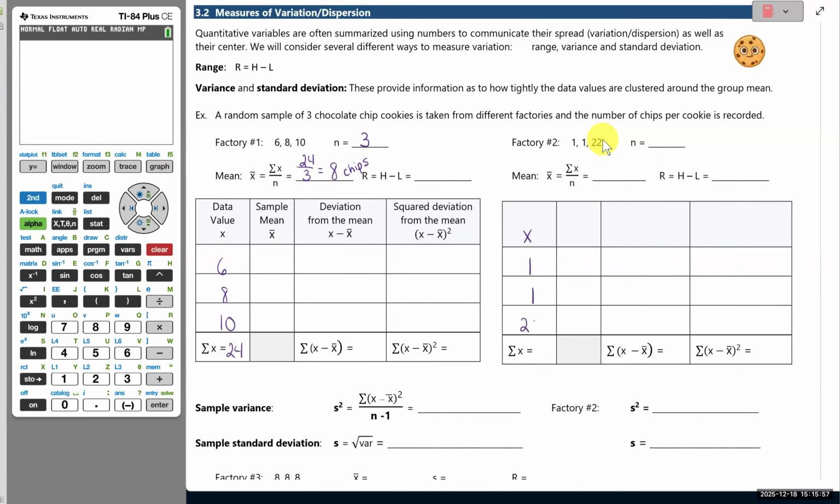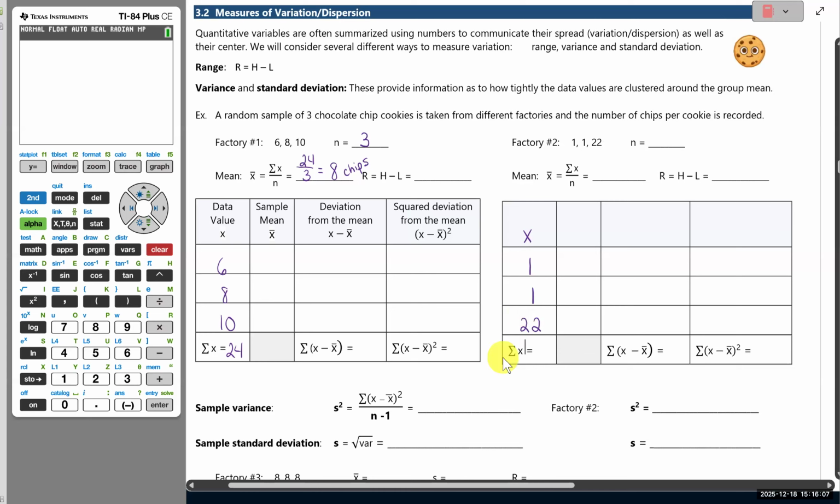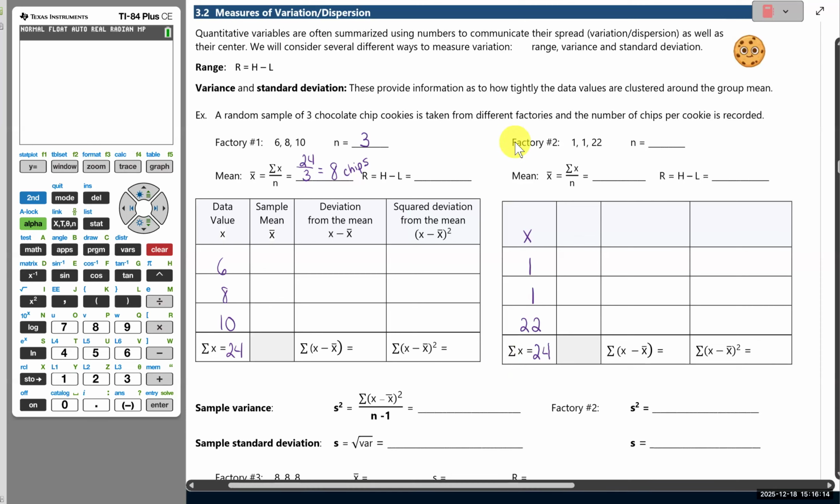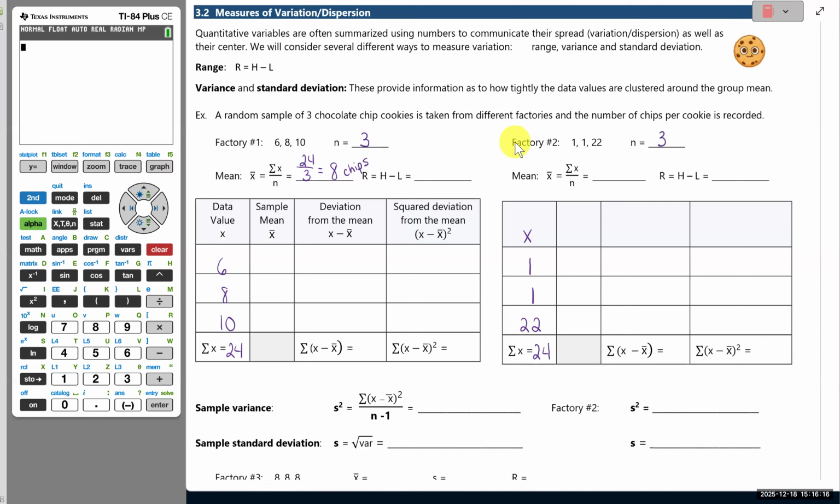So this factory is all over the place in terms of producing a consistent cookie product. If you add those up, the sum of all those chocolate chips still totals 24. For factory number 2, we also have a sample of 3, and the mean will still be 24 divided by 3. This mean is also 8 chips.